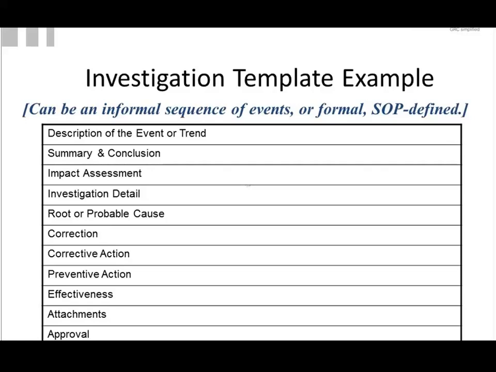Once they see it works and works repeatedly under various circumstances, I would certainly recommend that it become a formal SOP-defined methodology. So it's not dependent upon personnel, but it's dependent upon a defined system, if you will.